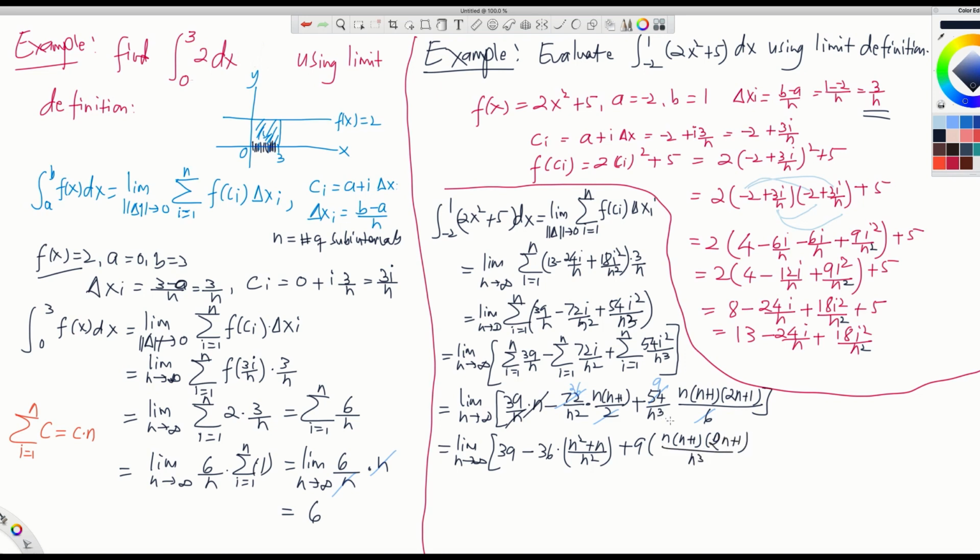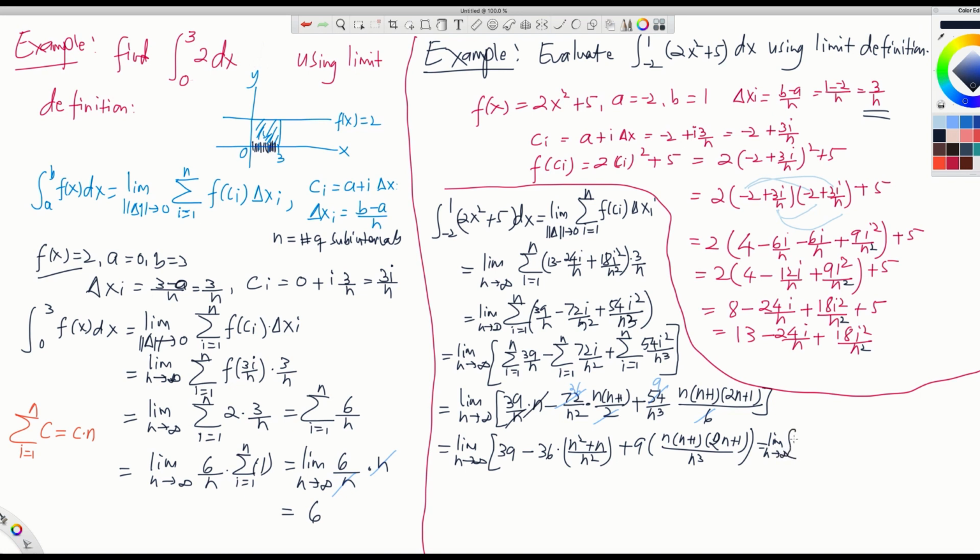The easiest way would be to just FOIL that, okay? But you don't have to. If you FOIL that, it will be easier for you guys. But you don't have to. So we will use just a factoring out technique, okay? So let us split the denominator here. If you split that, let me write down limit n tends to infinity, right?